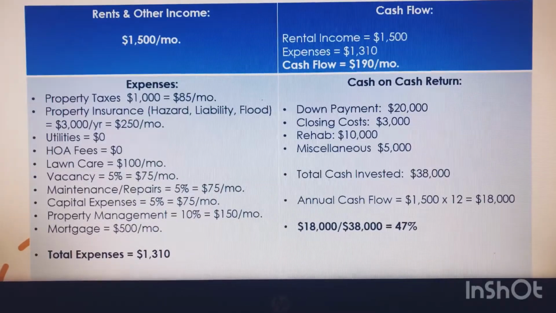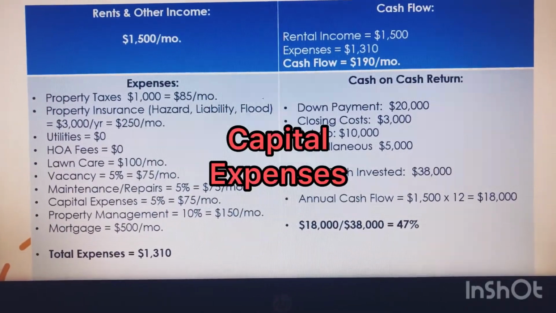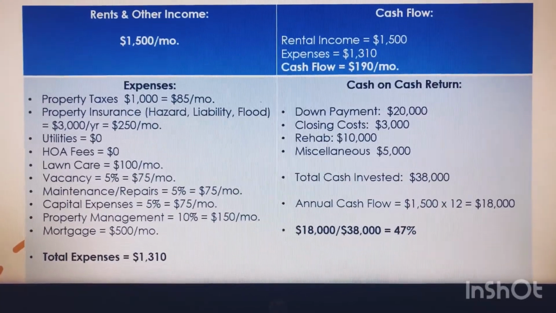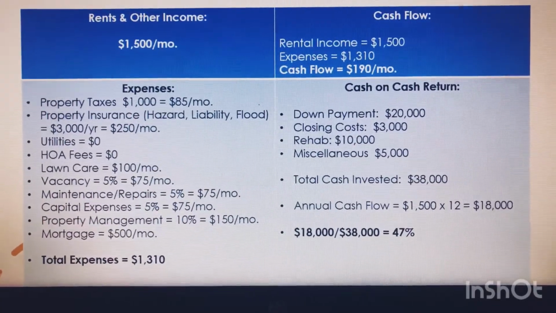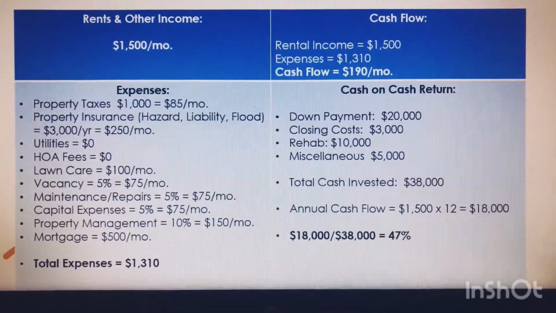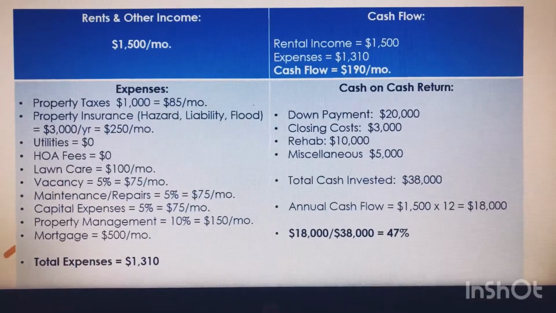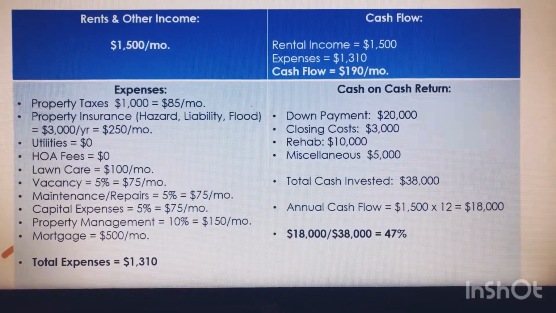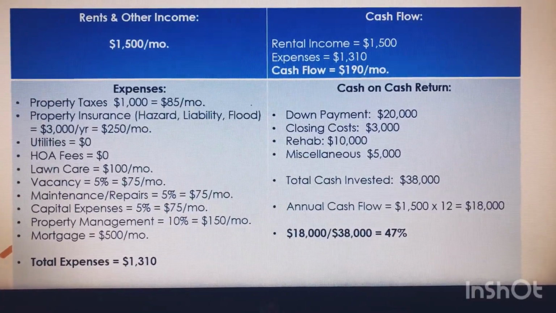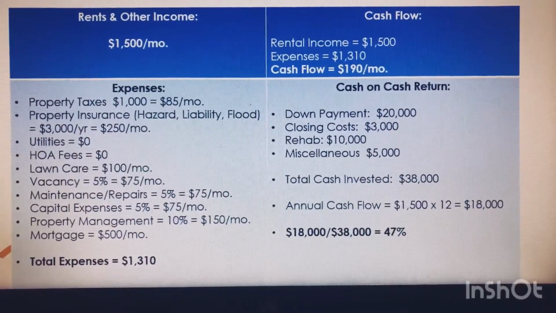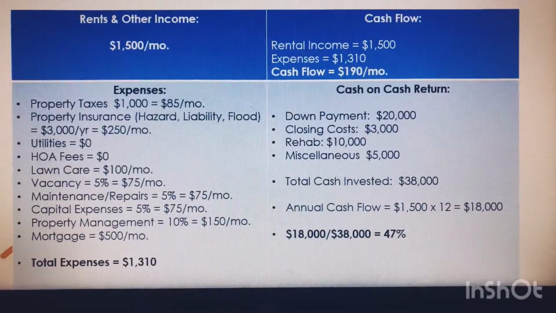And in capital expenses, another 5% is what I factor in. And what are capital expenses? Well, this is, again, you're saving up for bigger repairs that need to be made. Let's say you have to replace your roof one day, right? Because roofs don't last forever. That might cost you $5,000, right? It might cost you more, who knows? But unless you're saving up to go towards that each month, when that roof needs to be replaced, where's that money going to come from?